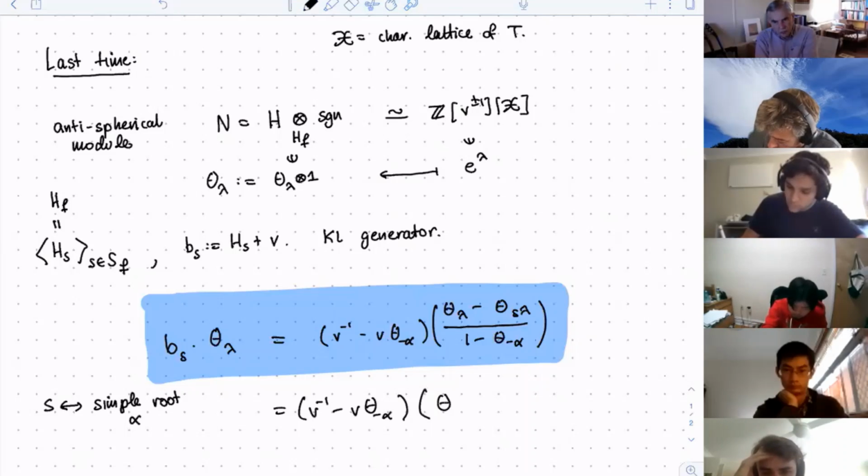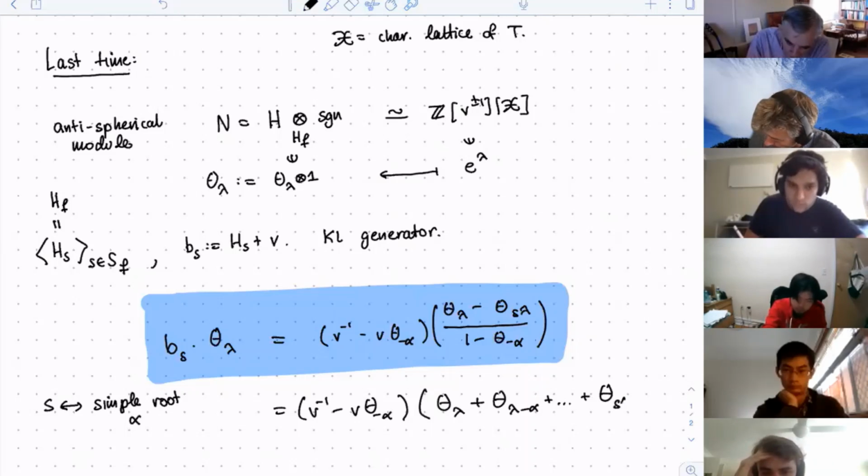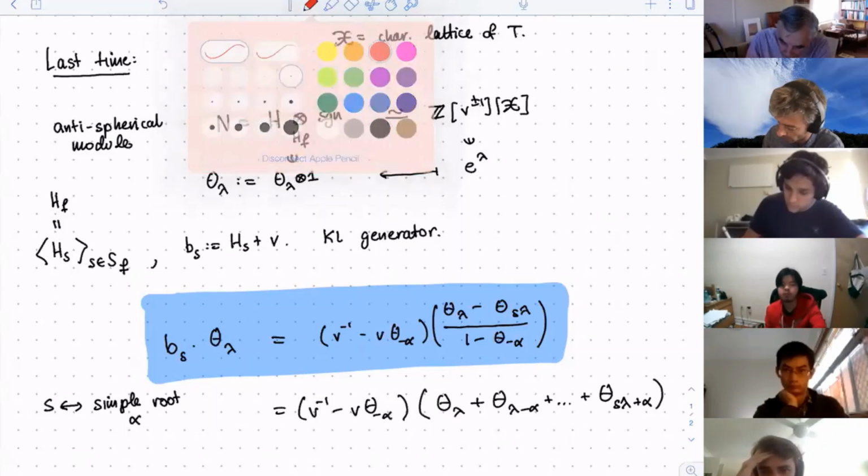And this is some close relative of the Weil character formula for SL2. Okay, so we should just think about this expression here.